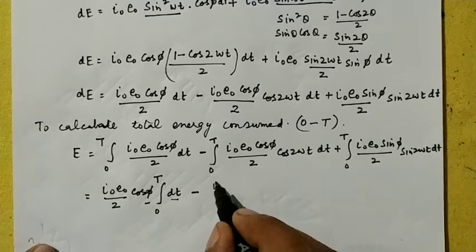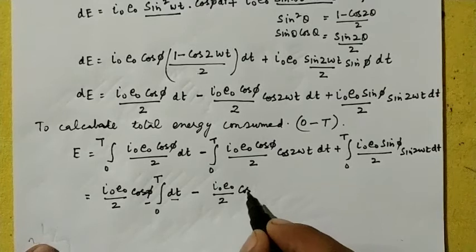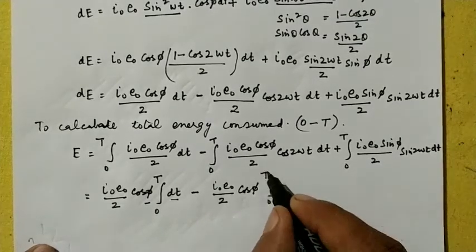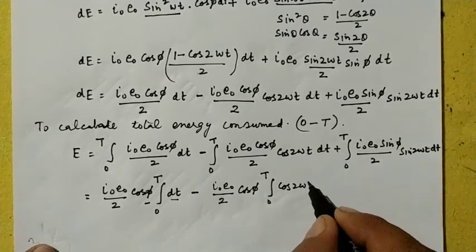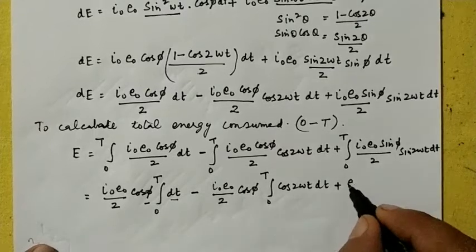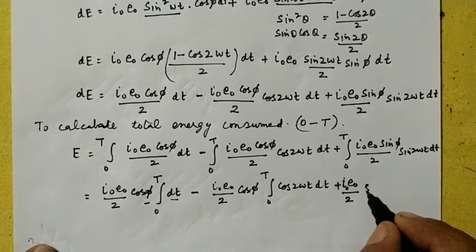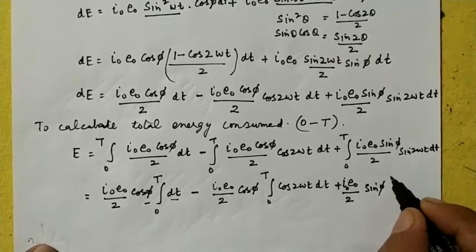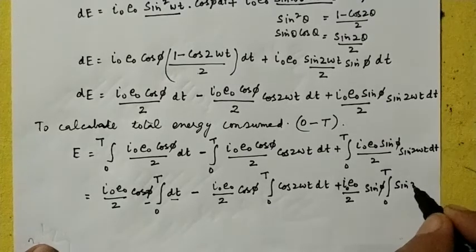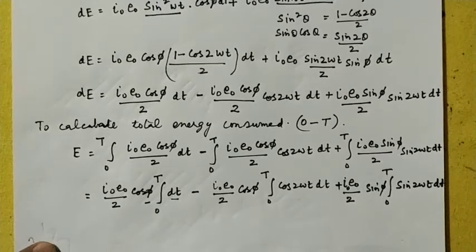Also we take the constant outside, that is I naught E naught divided by 2. Similarly cos phi is also constant, we take it outside, so we are left with 0 to T cos of 2 omega t into dt, plus here also E naught I naught divided by 2 into sine of phi. So we are left with 0 to T, that is sine of 2 omega t into dt. So this is your integral sign.